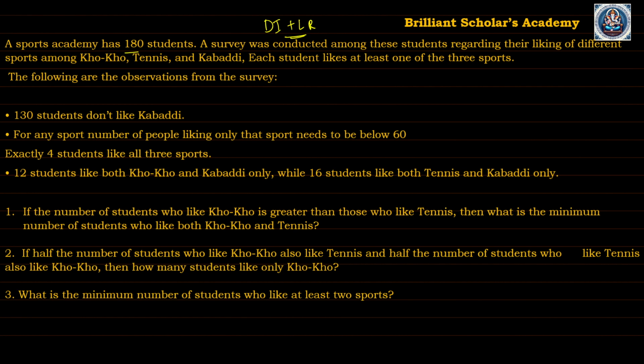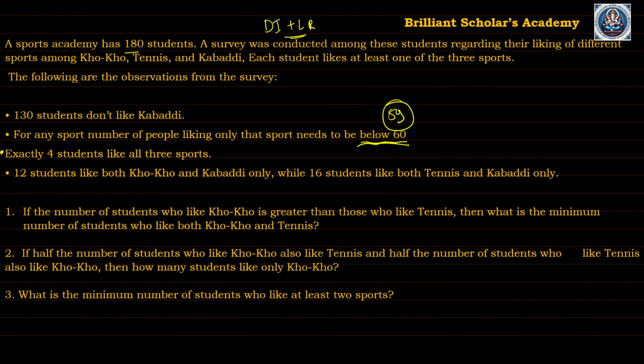So when somebody says X people do not like, the remaining should like, must like. For any sport, the number of people liking only that sport needs to be below 60. This is where limits come in. The upper limit is below 60. So it cannot cross 59. We'll talk about this later on.